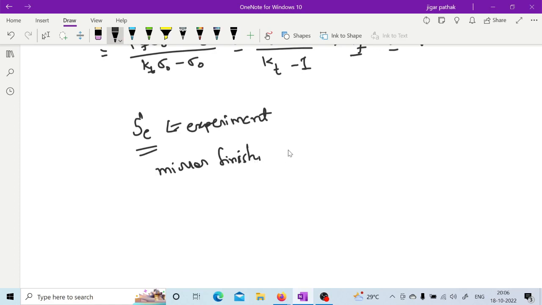Then you are using a specific shape, and a specific size of component. Then you have a certain reliability factor, the reliability of that particular experiment.